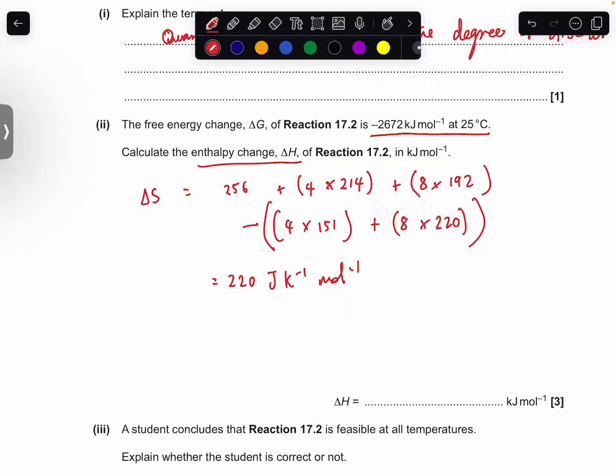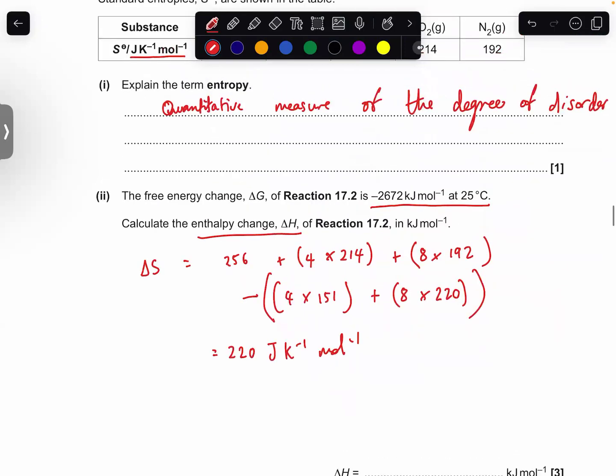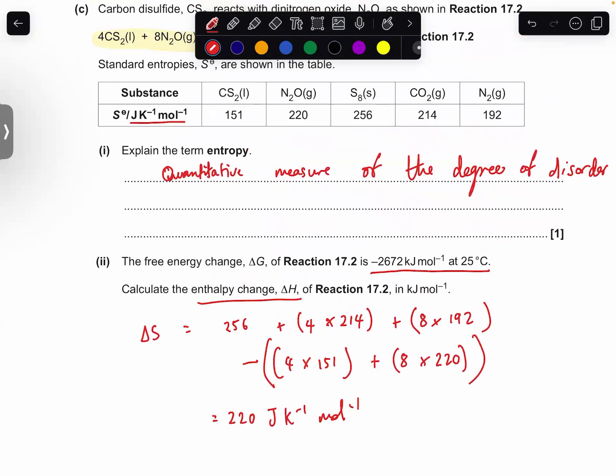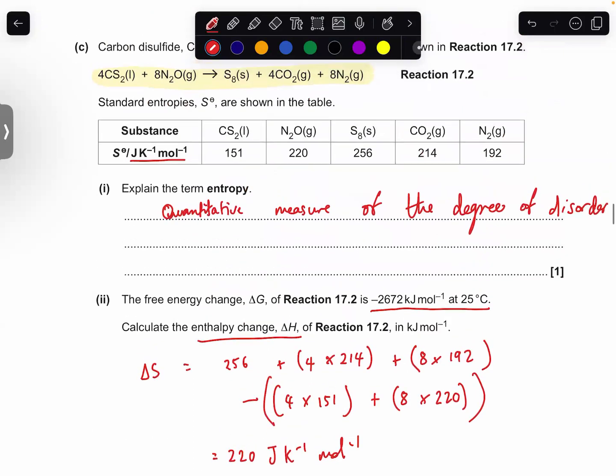Now, yep, that's correct. So, oh, wait a minute, this is wrong. The answer, I'm off slightly here. Let's just double check. What have I done wrong here? Sulfur is 256. Then we've got 4 CO2. Yep. And then we've got 8 N2. Yep.